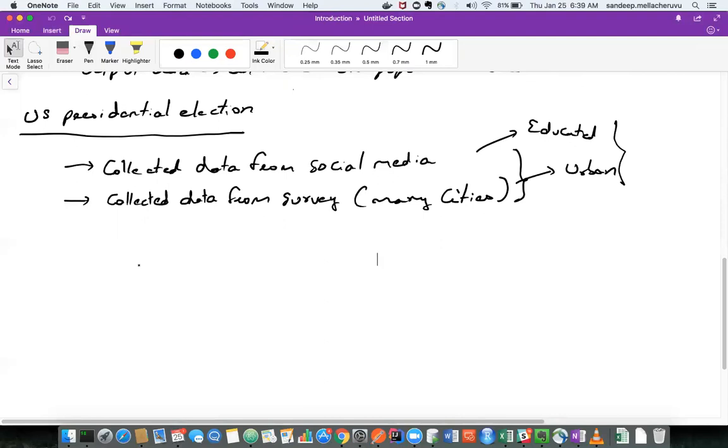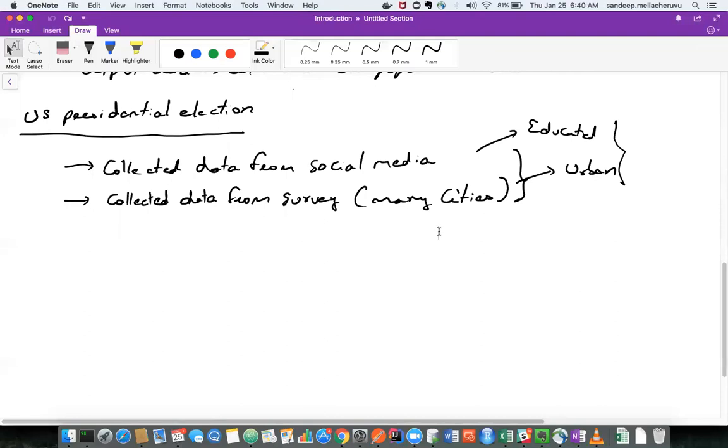Even they know about this problem, but collecting from a survey in country or suburban population is challenging, but that doesn't mean that you should not do it. Okay, are you clear on this?